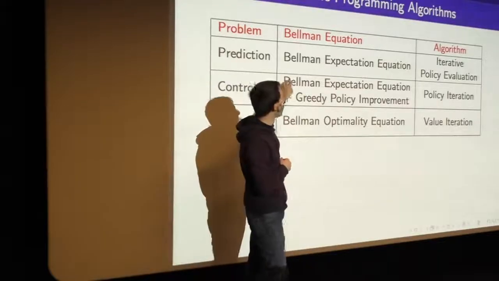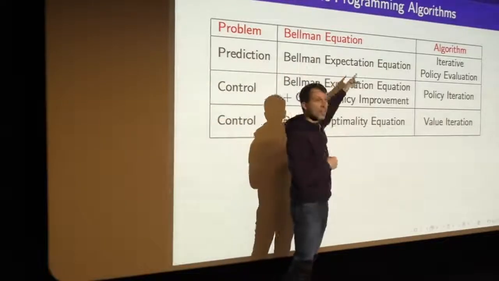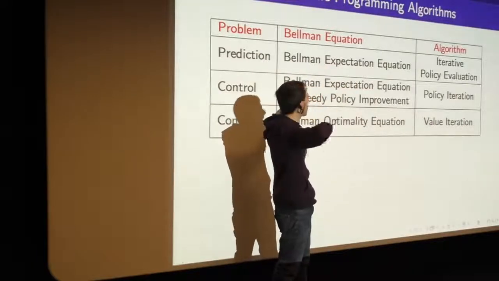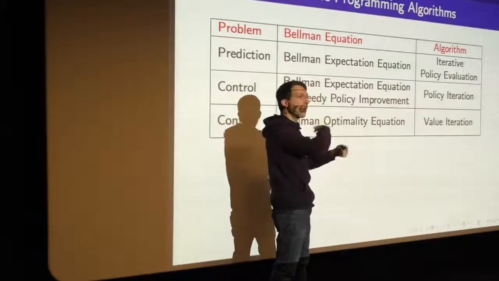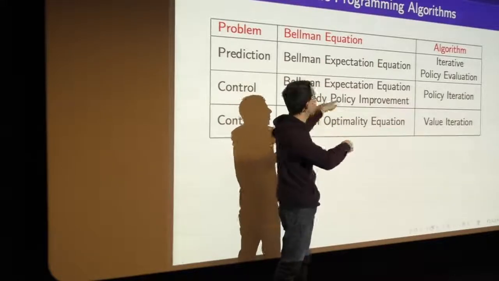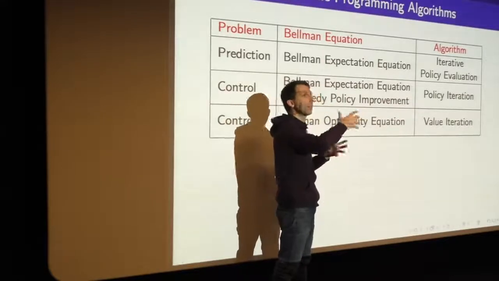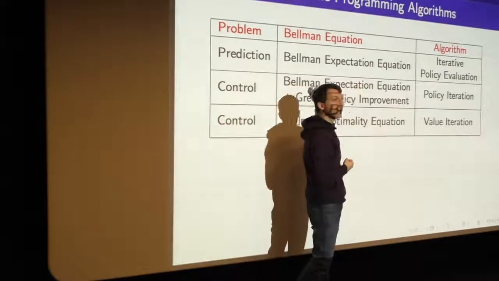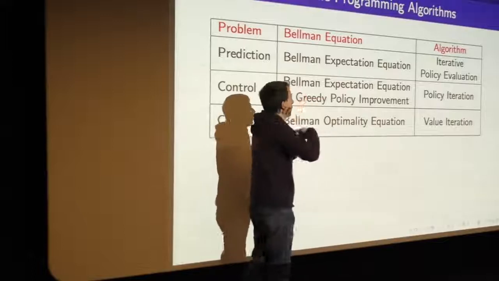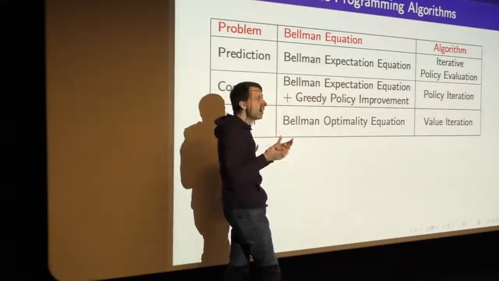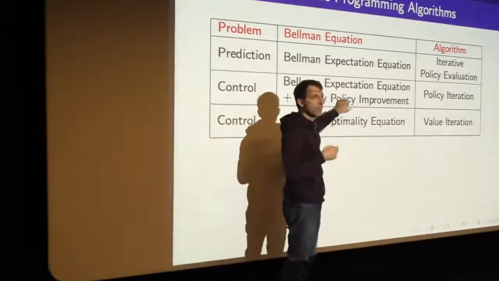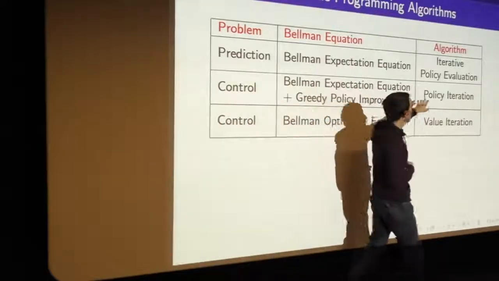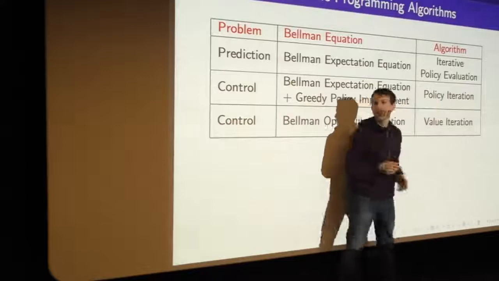The first approach was to again iterate over the Bellman expectation equation to evaluate your policy, but then alternate that evaluation with policy improvement. So we first use the Bellman expectation equation to solve for V pi, and then act greedily with respect to V pi to give us a new pi. We alternated that process, and that gave us the policy iteration algorithm.